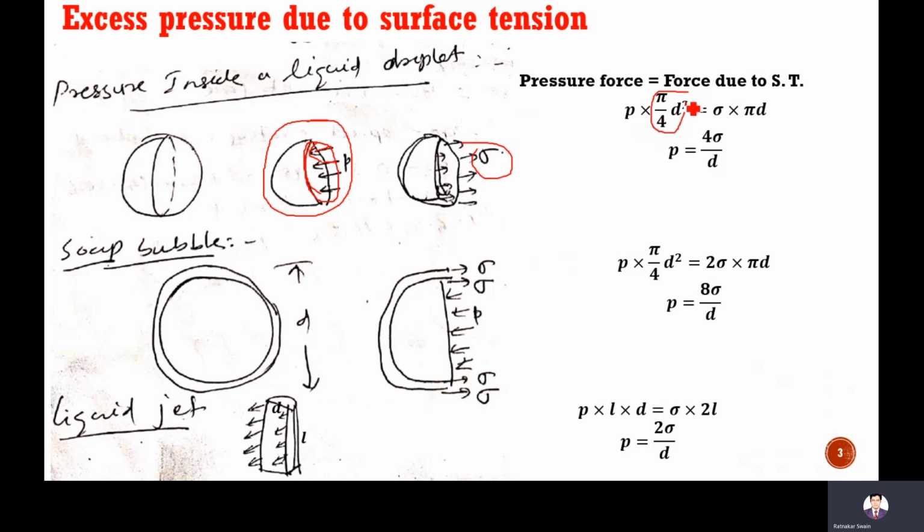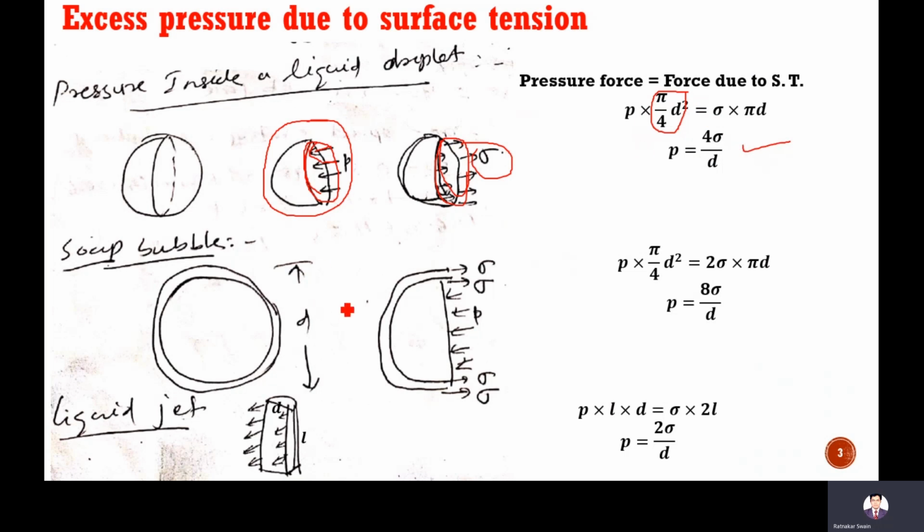The force due to surface tension, where sigma is the surface tension, is sigma into the circumference length, pi d. If you solve it, you will get excess pressure equal to 4 sigma by d.